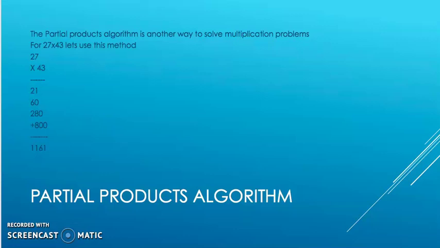First, you will distribute the 3 from the ones place to the 7 in the ones place. And you will get 3 times 7 equals 21. Now after we have distributed the 3 to the 7, we'll now distribute the 3 to the 2 in the tens place.